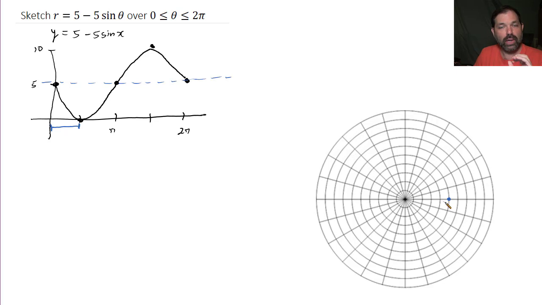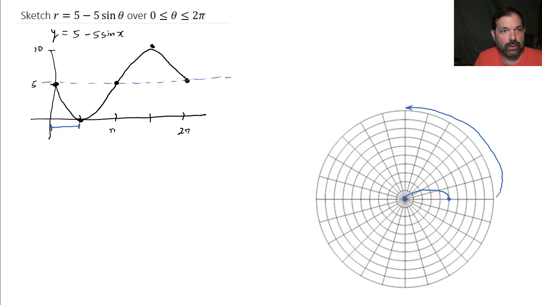The theta is changing from 0 to pi over 2, and the r is changing from 5 to 0. I know it's got to start at 5 and go to 0, and the r value has to decrease, right? The distance has to decrease.